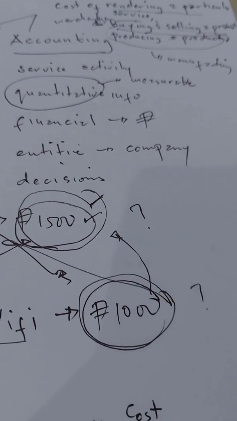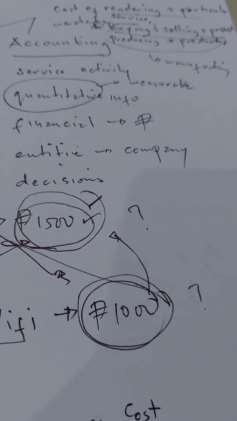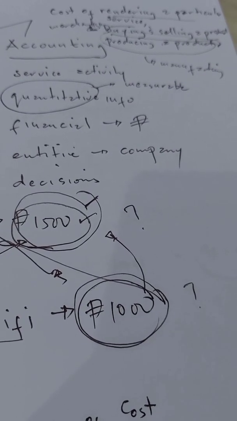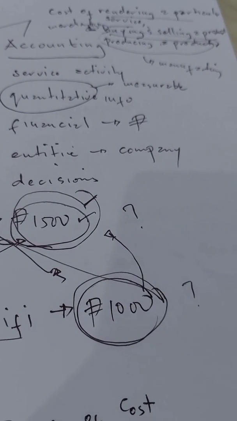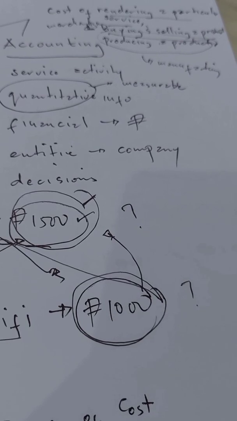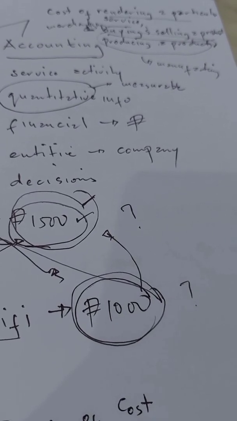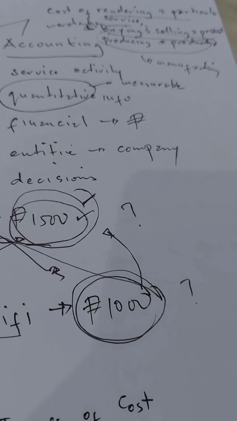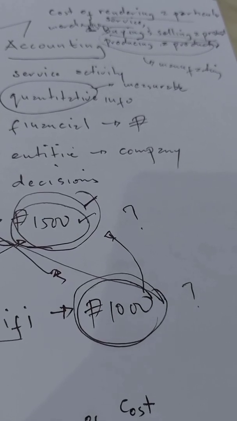So, sabi, all types of entities, manufacturing, merchandising, and service businesses require information systems which provide the necessary financial data. So, because of the nature of the manufacturing process, the information systems of manufacturing entities must be designed to accumulate detailed cost data relating to the production process.